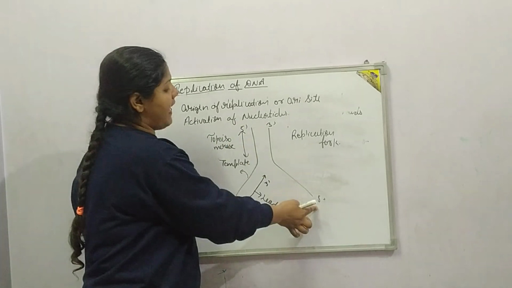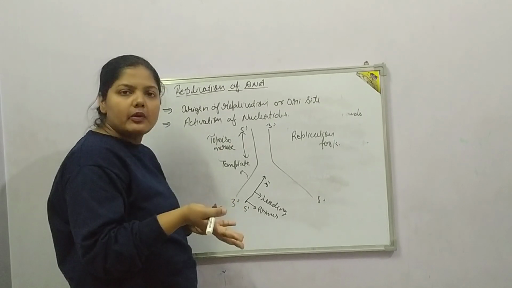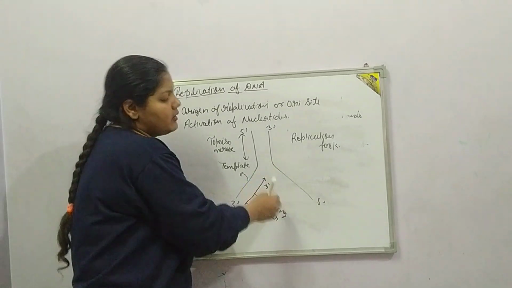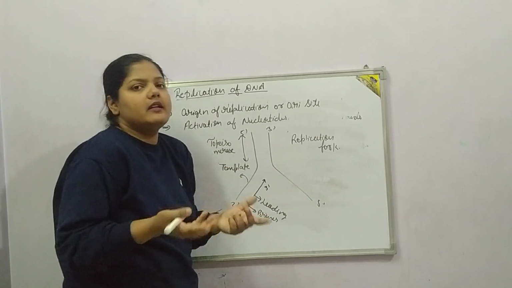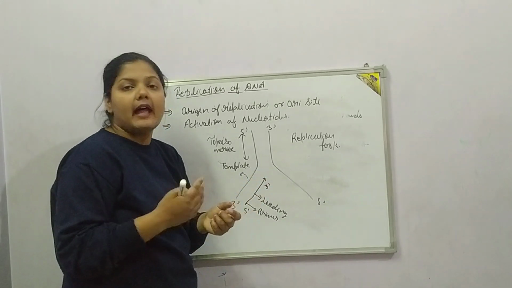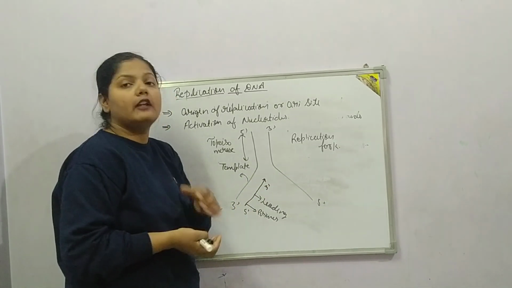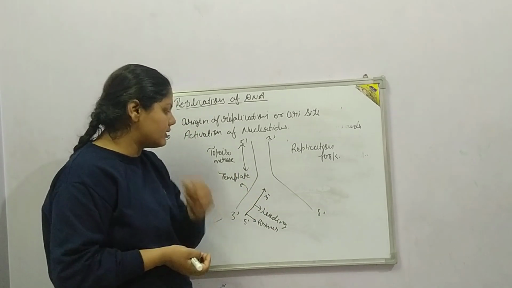This strand is in the 5' to 3' direction, and the newly synthesized strand has to be synthesized in the opposite direction, meaning 3' to 5', and DNA dependent polymerase cannot function in that direction. It can only function in the 5' to 3' direction.